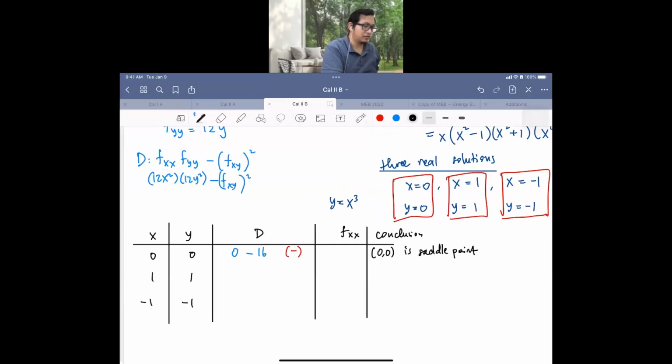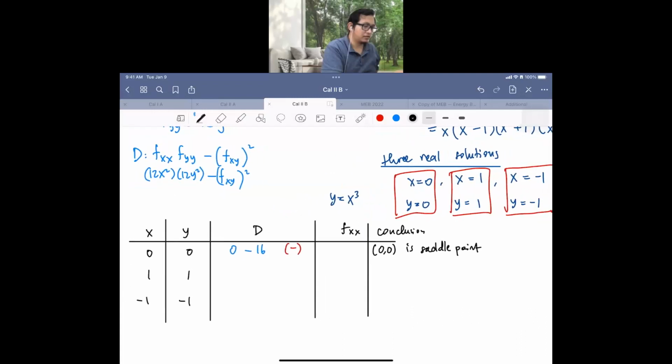Okay, it's a saddle point. And now for 1, 1, we can check 12, 12, it's 144, right? 144 minus 16. It's positive, right?